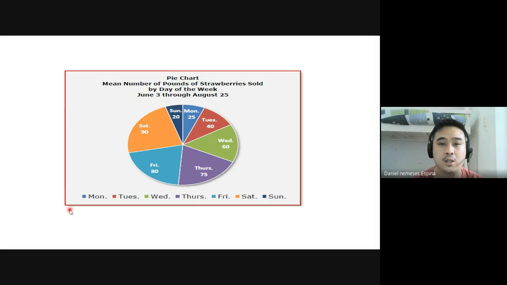So on Sunday the average sales is 20 pounds, Monday 25, then the biggest share sa pie is sa Saturday, which is 90 pounds per day. So in the pie chart you will know kung asa ang pinakagamay og share and pinakadako og share.